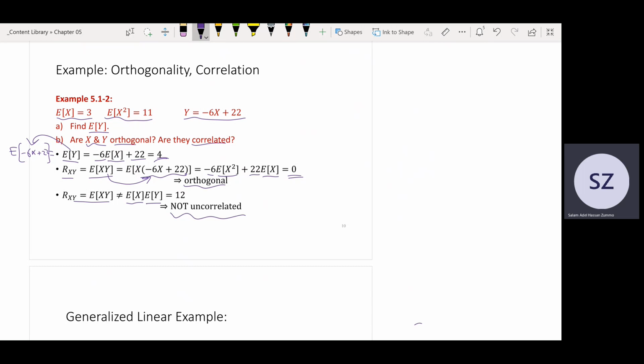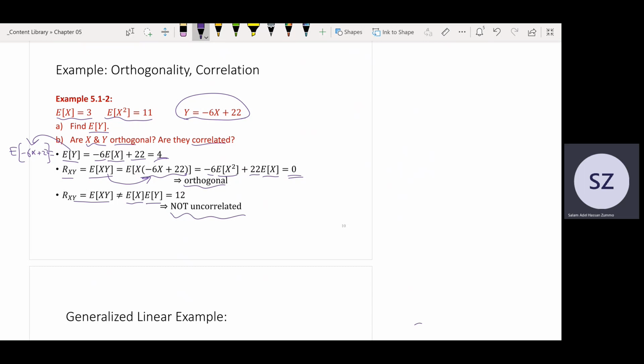So there is that. If I ask you, without doing all this, without solving any of this, without knowing the correlation, just looking at the relationship between x and y, are they correlated? Yes. Basically, y is a function of x, a direct function, a linear function of x.